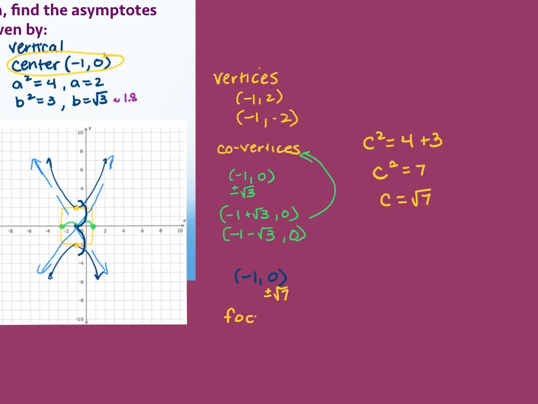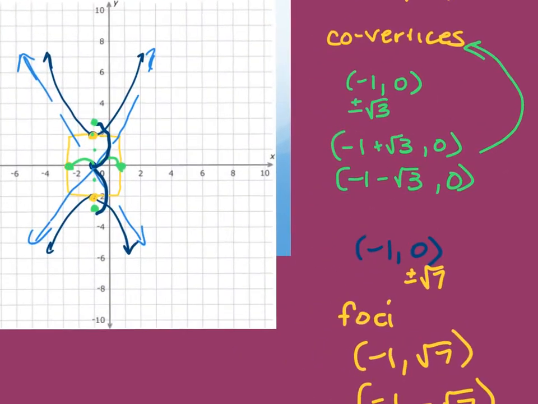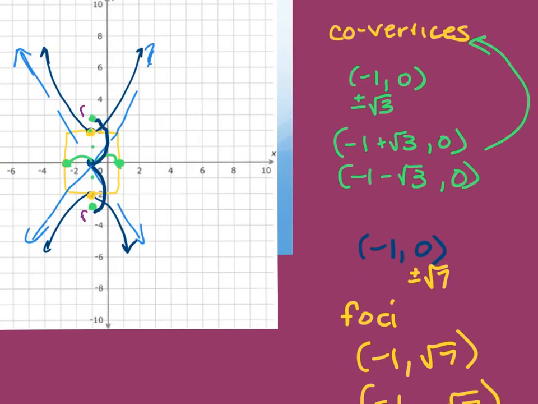So my foci would be (-1, root 7) and (-1, negative root 7). Root 7 is a little bit less than 3, so we would have counted 1, 2, and almost to 3, and those would have been the foci. So this is my vertex, co-vertex.